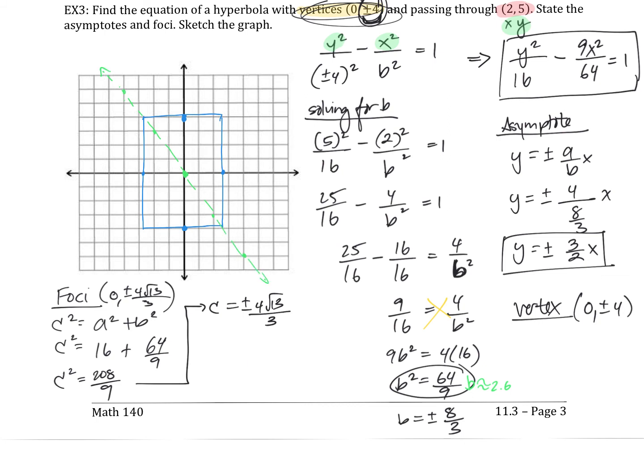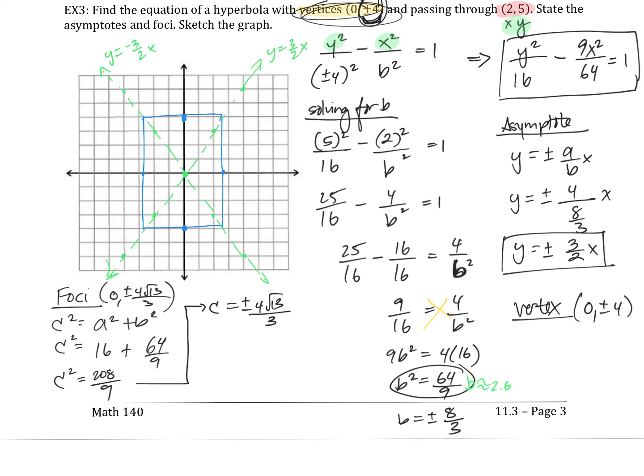Arrowheads, and then the next one: up 3 over 2, down 3 over 2. And labeling those: y equals negative 3 over 2 x, and y equals positive 3 over 2 x.